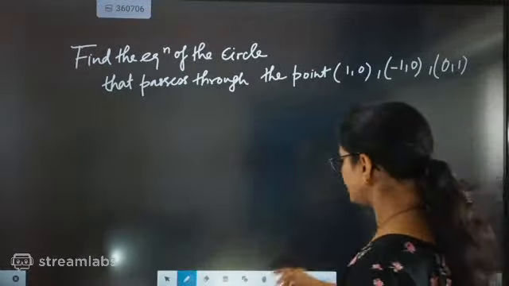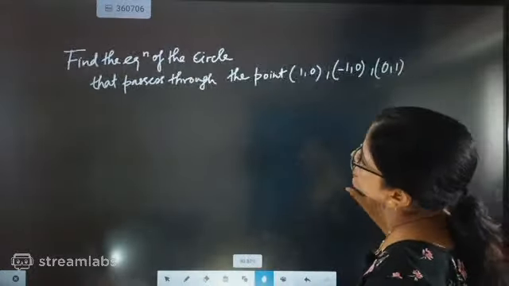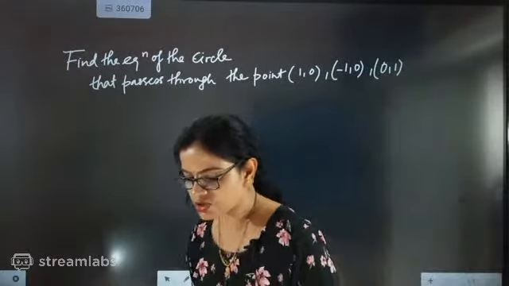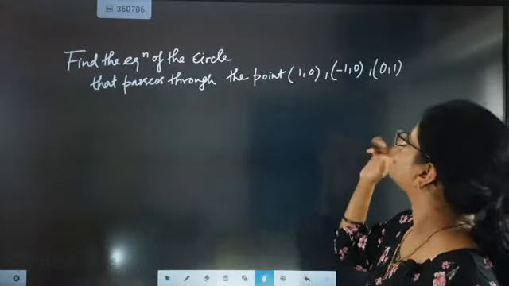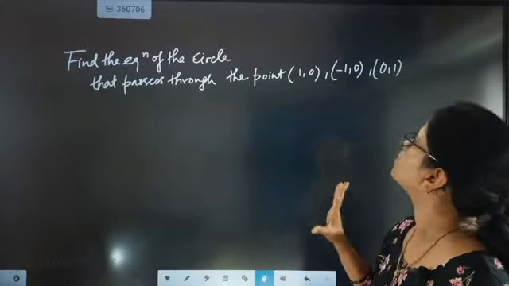Okay, so this is the next question. The question is to find the equation of the circle that passes through the points 1 comma 0, minus 1 comma 0 and 0 comma 1.